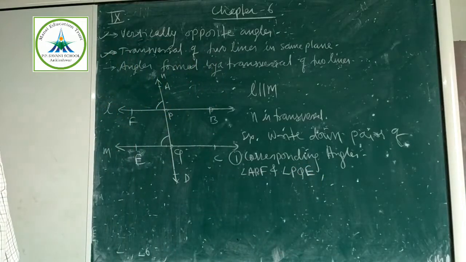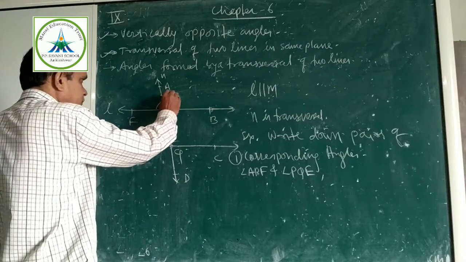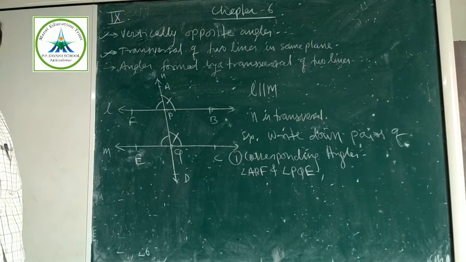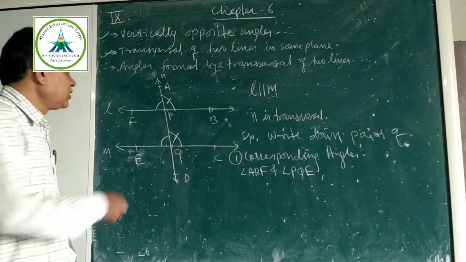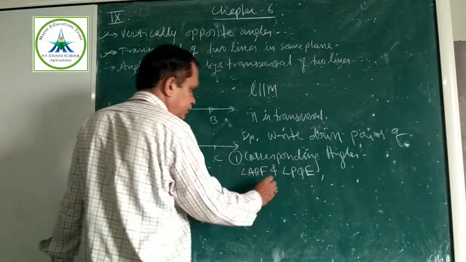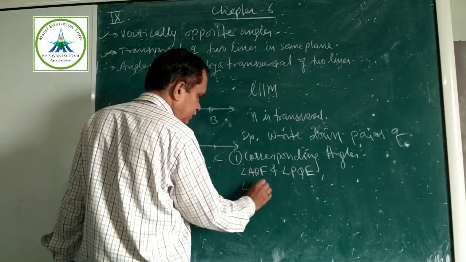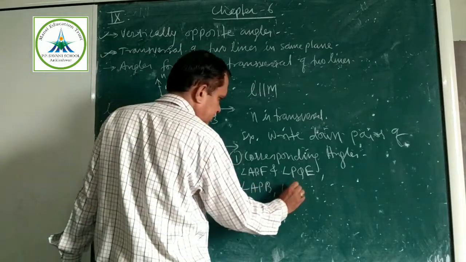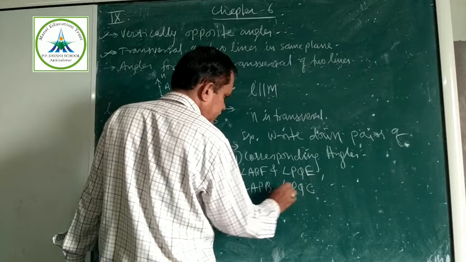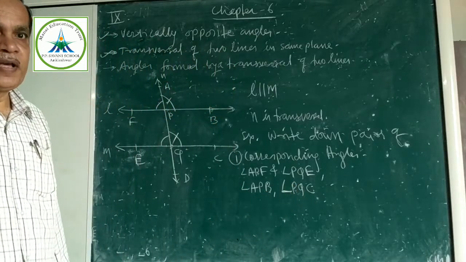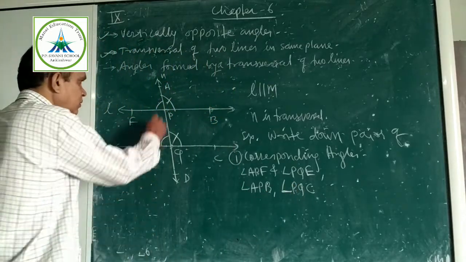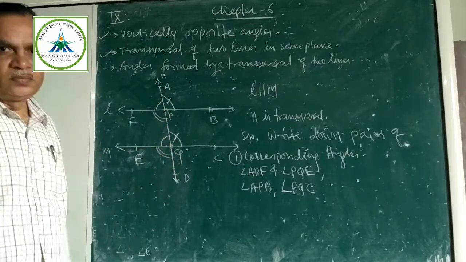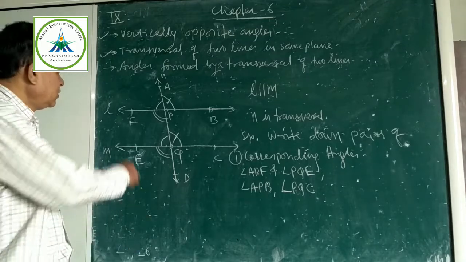Right? Now mark the other pair. Name yourself. Yes. Please try your best. Angle APB, angle PQC. Okay. Now the next pair. This. Right?